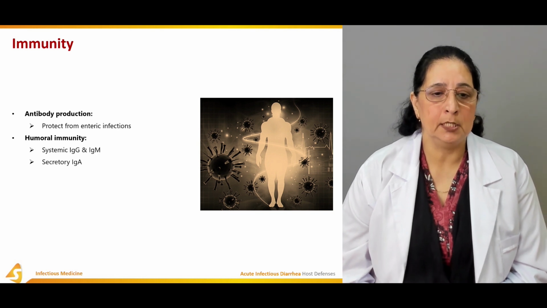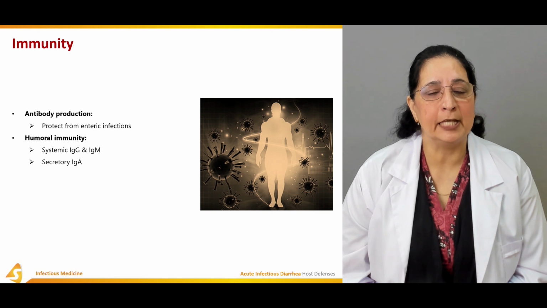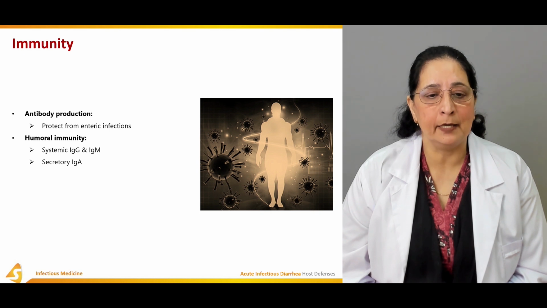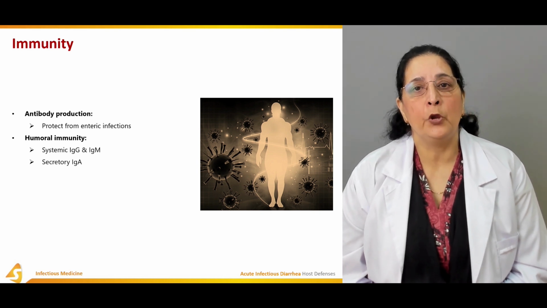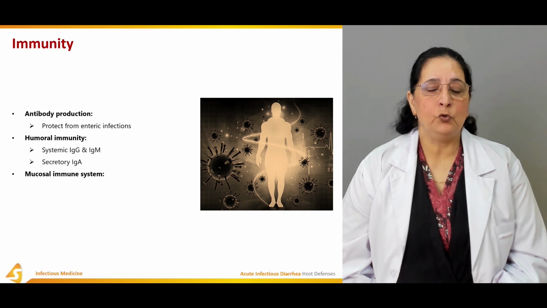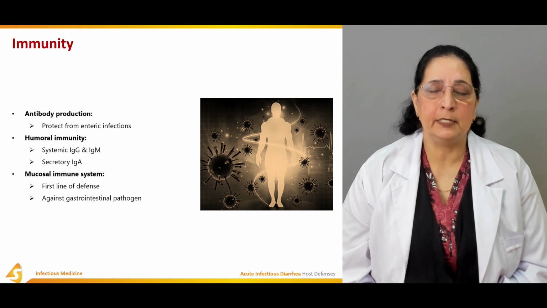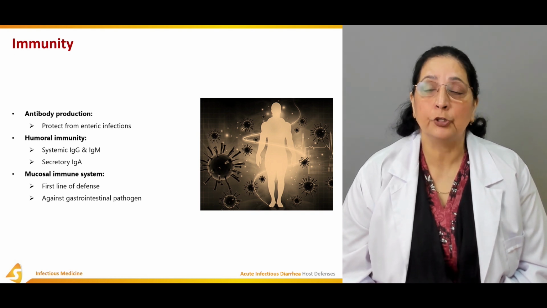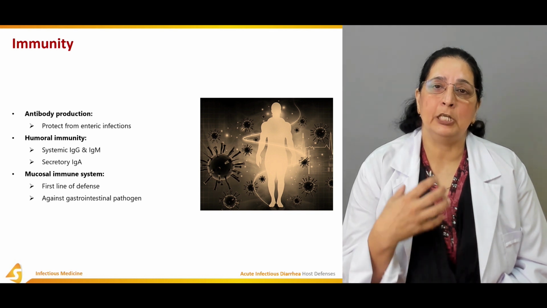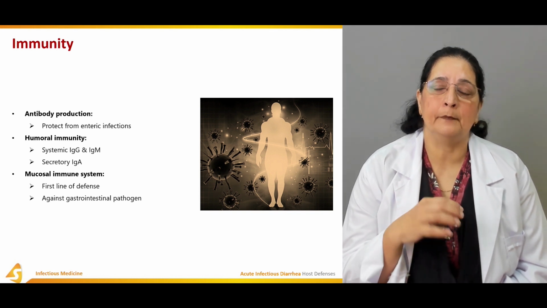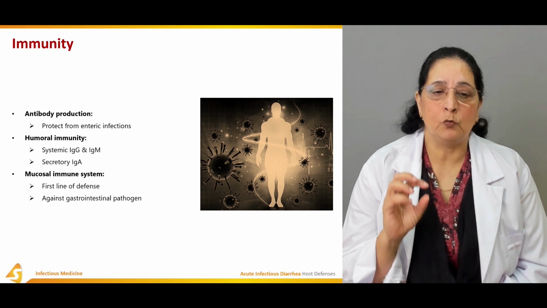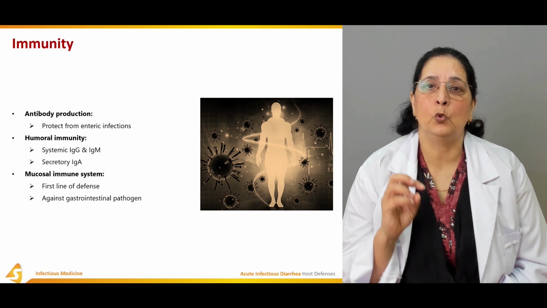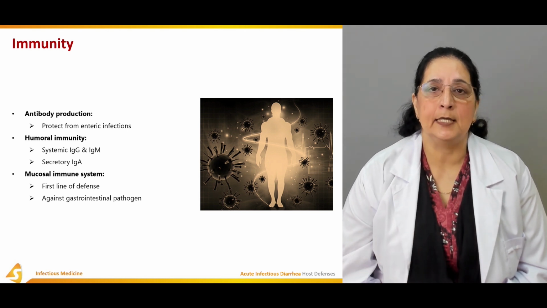Humoral immunity, which is systemic IgG and IgM and secretory IgA, is responsible for humoral immunity. Then the mucosal immune system is the first line of defense against gastrointestinal pathogens. In the first section, I mentioned that microorganisms adhere to the mucosal wall. So if there is an immune system present in that intestinal mucosal lining, it protects against the infection.